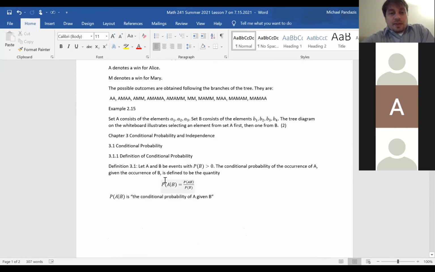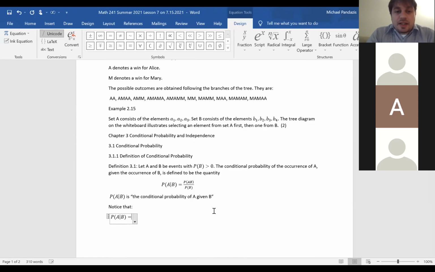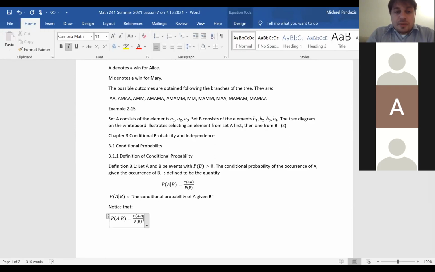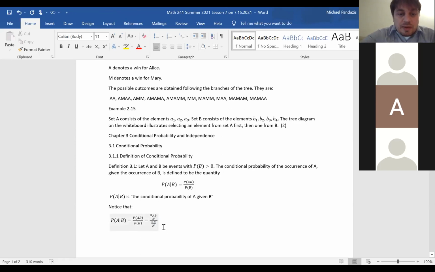So this is what we did so far, but I also have to explain something here. Notice that if you take the probability of A given B, it's equal by definition to the probability of AB divided by the probability of B. This is equal to the probability of AB, which is itself a fraction where the numerator is n sub AB divided by capital N, and the denominator is n sub B divided by N. So the numerator is the probability of AB, and the denominator is the probability of B. Now see how the capital N's are in the denominators of both fractions in the numerator and denominator?